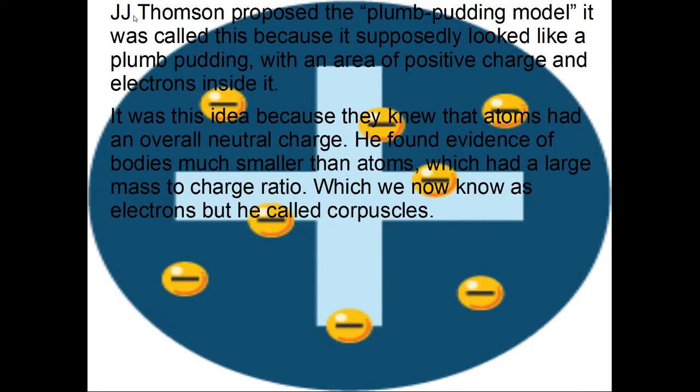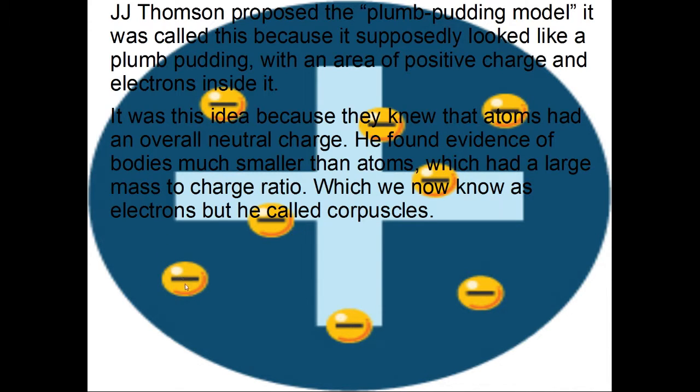So a bit after that, J.J. Thomson proposed the plum pudding model, as it's called today, because it supposedly looked like a plum pudding. They had an area of positive charge with electrons scattered around. It was because they knew atoms had an overall neutral charge. He found evidence of bodies much smaller than atoms, electrons, which had a big charge-to-mass ratio.